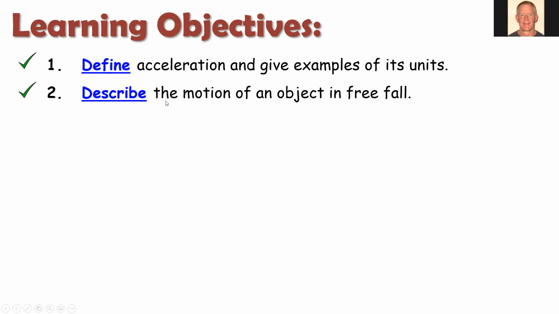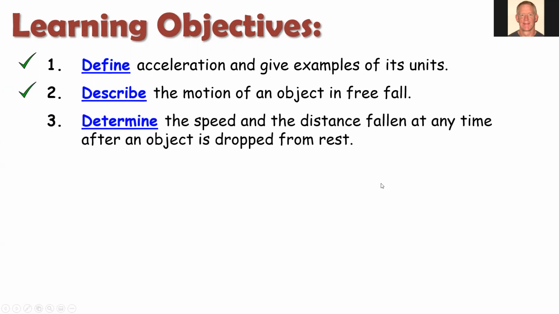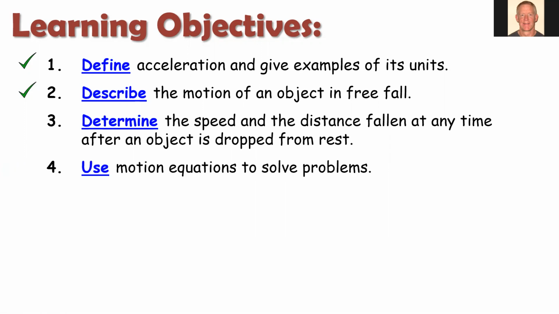What we're going to focus on now is how we describe the motion of objects in free fall. And then the last part is to be able to use equations to determine the speed and distance that an object has fallen at any point in its free fall. Then we'll look at some other types of problems where we can apply a set of equations to help us analyze motion.